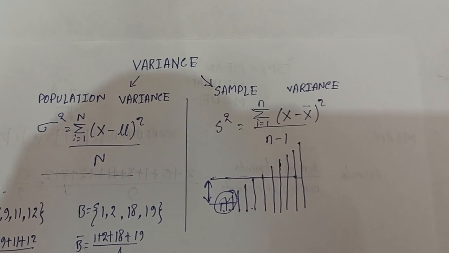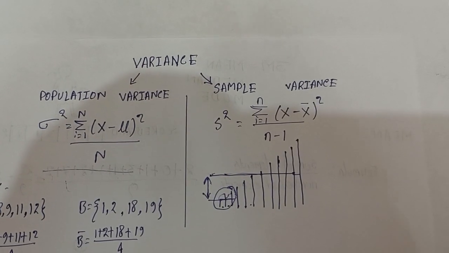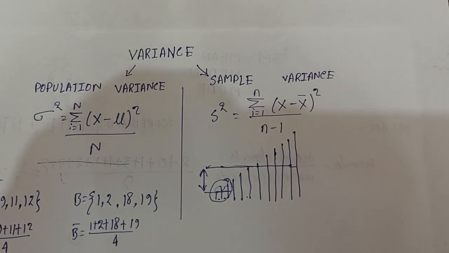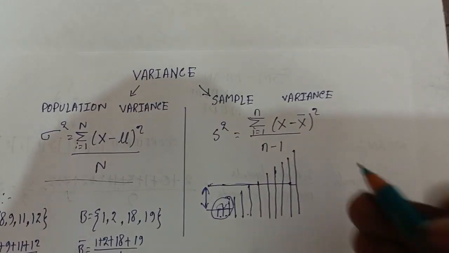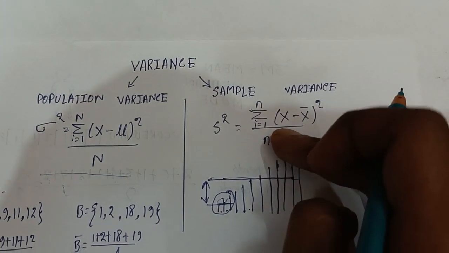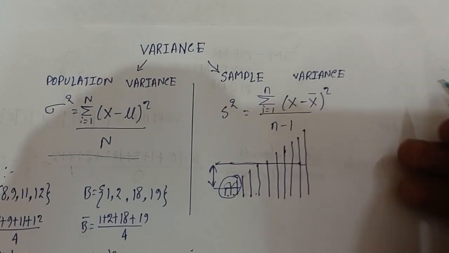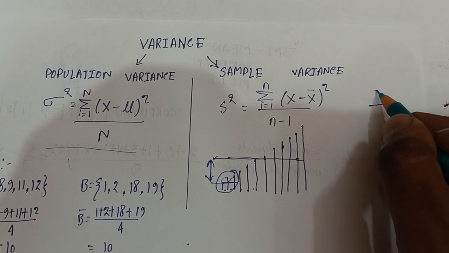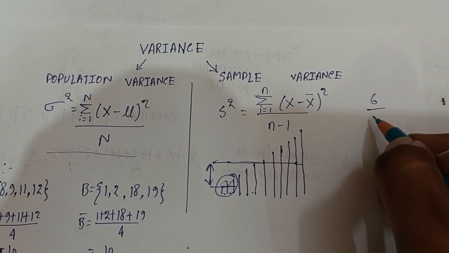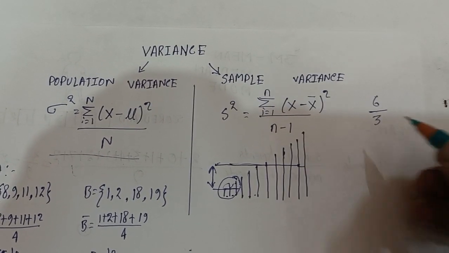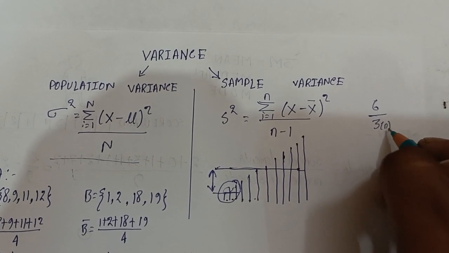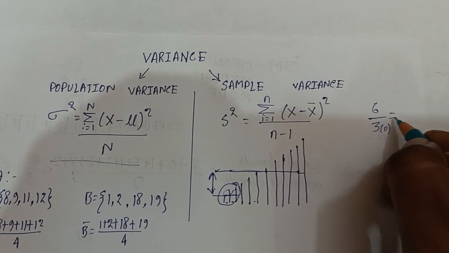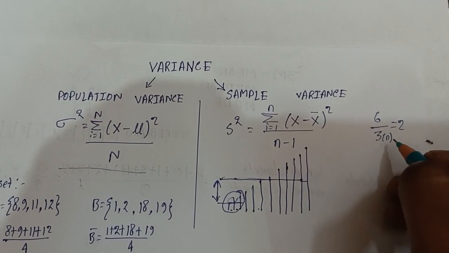So for this misconception, scientists concluded that there will be n minus 1. See, if I put only n here, let's say the numerator is 6 and the denominator is 3, denoting this as n, then the calculation is 6 by 3, that is 2.